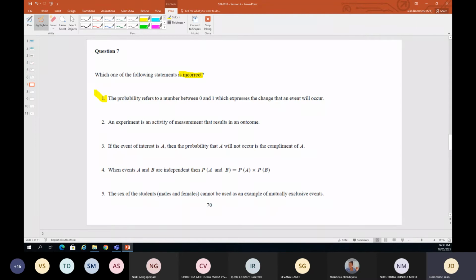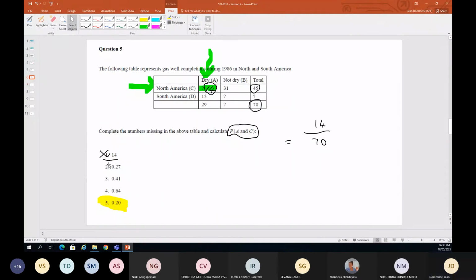That is true. Also interesting from the previous question, the answers you can get for probability must be between 0 and 1. That is also why 14 could not have been an answer, because it's not between 0 and 1.